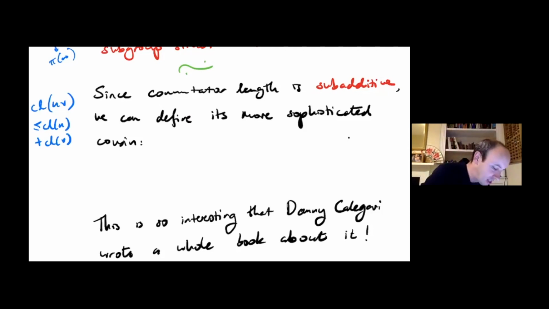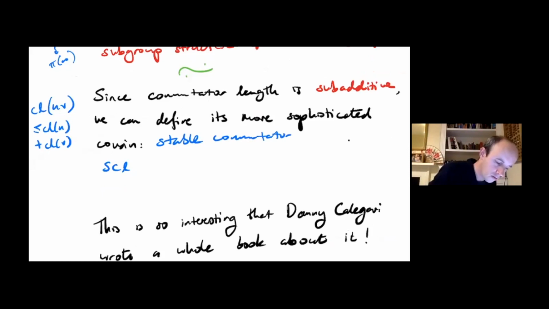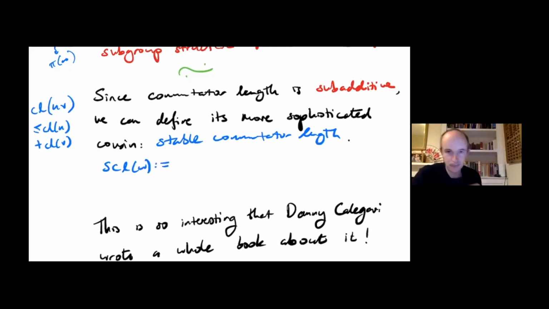But in order to capture this phenomenon, you make a definition called stable commutator length. So I wanted to give you this definition of something called stable commutator length. The definition of the stable commutator length of W is as follows. You take the commutator lengths of the powers W to the n, right?